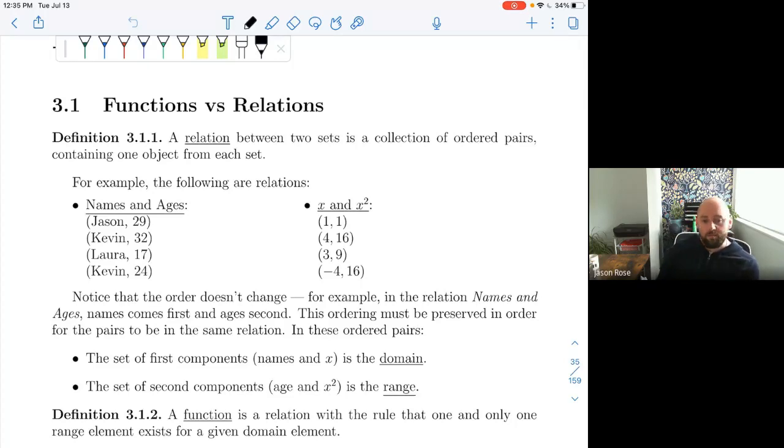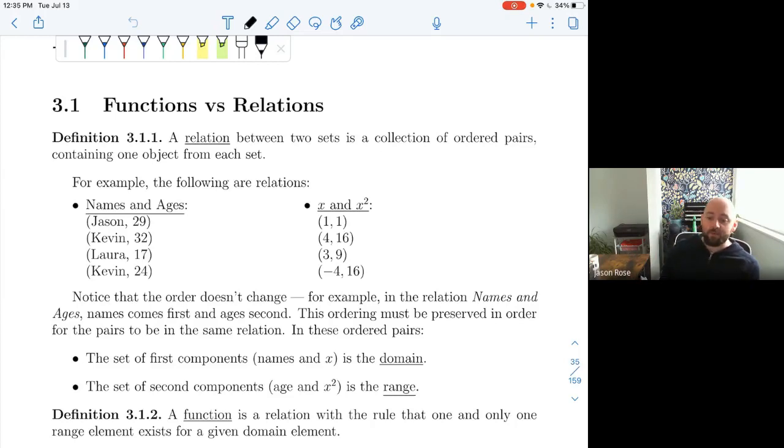So let me just take you back on a little walk back through memory lane, I suppose, and see where a function comes from. It starts off with the definition of a relation. A relation between two sets is a collection of ordered pairs containing one object from each set. Now, depending on what the sets are, they can be anything at this point.